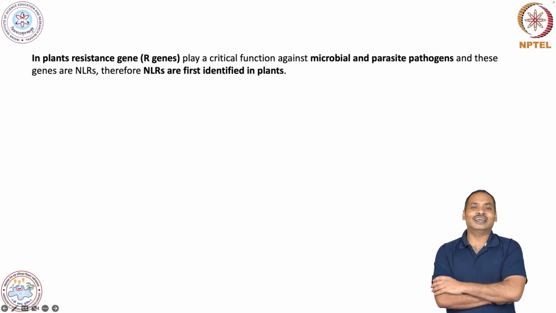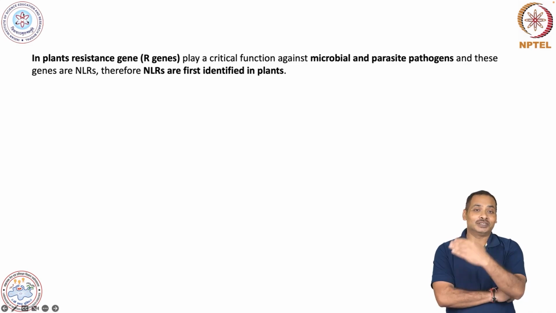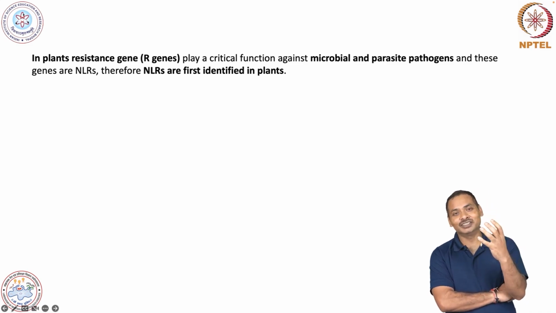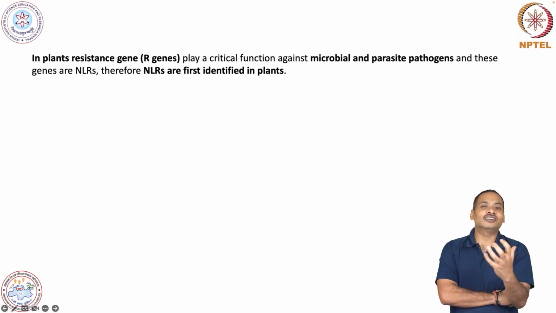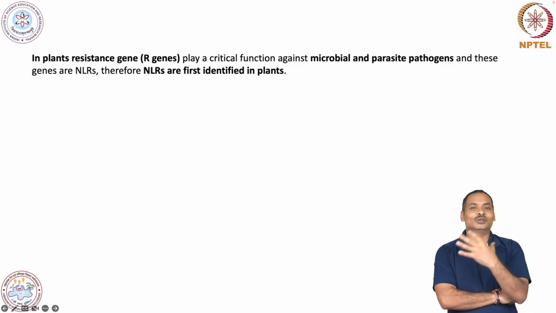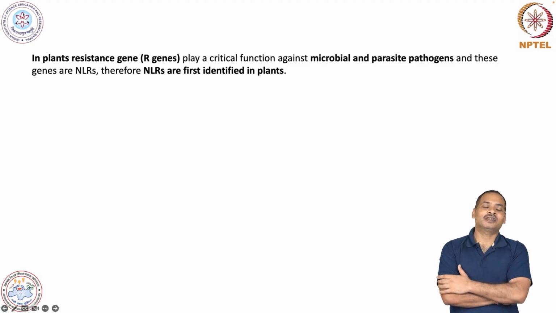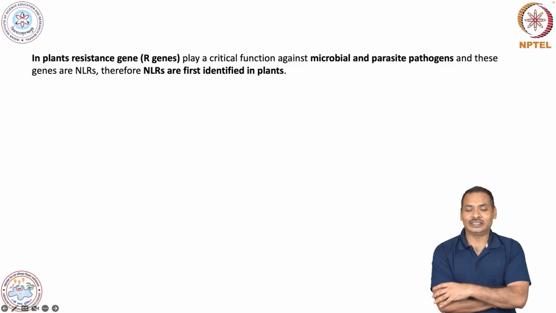So this is far more interesting. You have seen that, for example, phagocytosis was originally discovered in starfish larvae, and the Toll protein was originally discovered in Drosophila, the fruit fly.